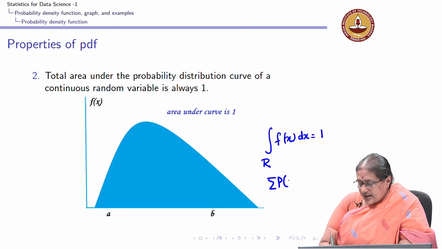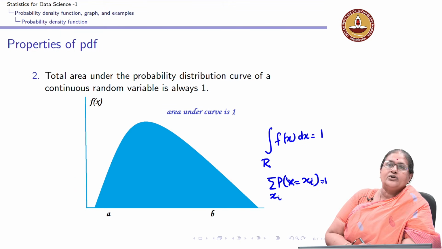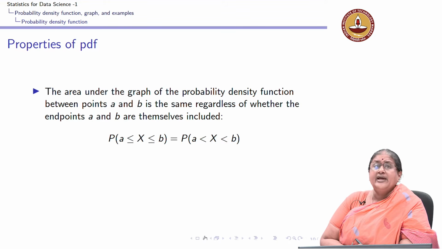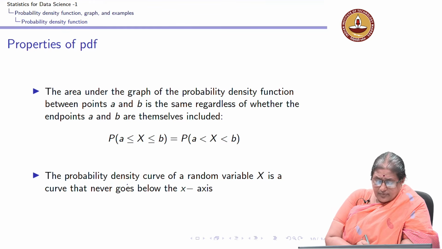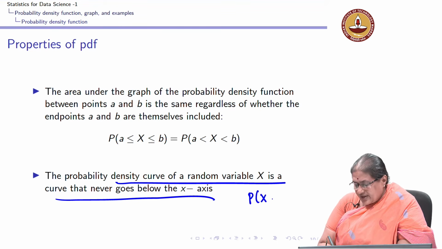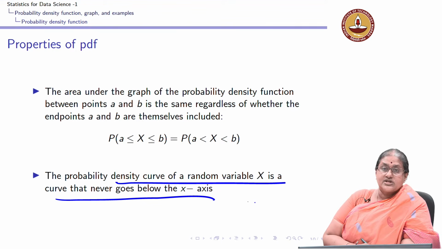This is similar to the property that over all values of x, the probability that capital X takes the value xi sums to 1. Of course, I needed probability to be greater than or equal to 0. So, the probability density curve will never go below the x-axis, because it is a probability, so it would always be greater than or equal to 0.